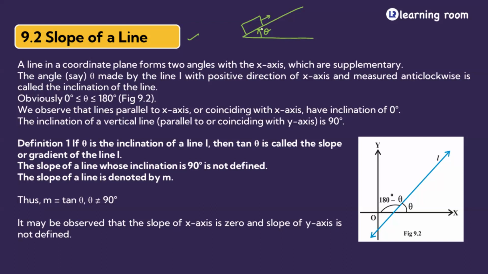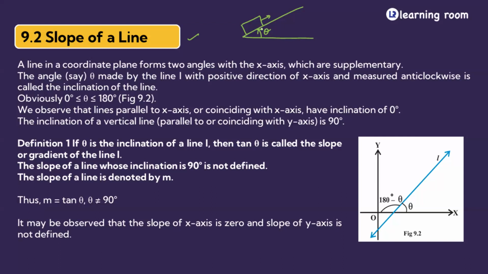Okay. Now, if I take the same concept and implement it to a line, because what is the concept? It is not just slope. It is a slope of a line. So when you have a line, the line can get inclined with respect to the x-axis at any angle. There is a possibility that the line is like this itself. Or there is a possibility where the line is perpendicular to the x-axis, or there is a possibility where the line is making an acute or obtuse angle with respect to the x-axis.